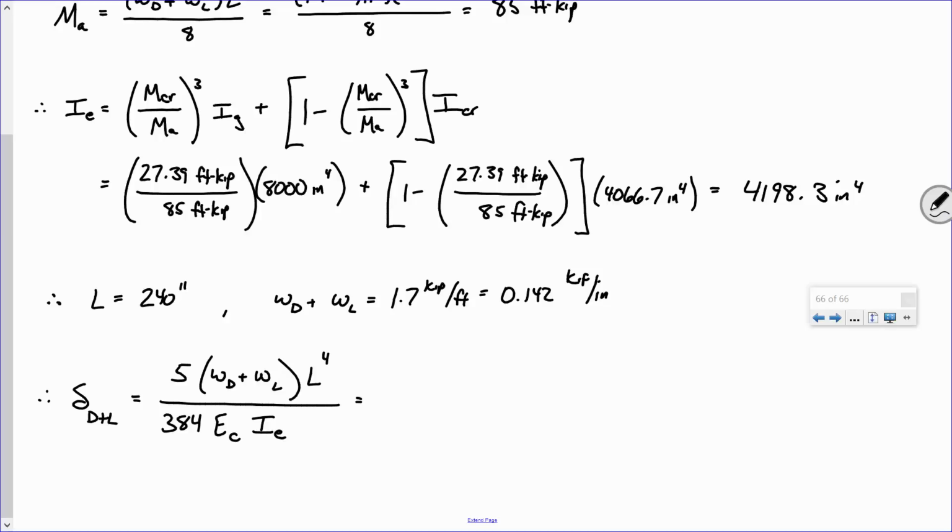So that's 0.142, raised to the fourth, and then 384.